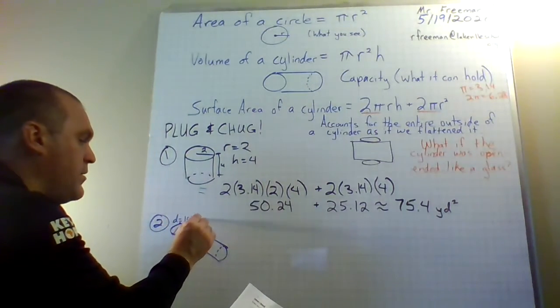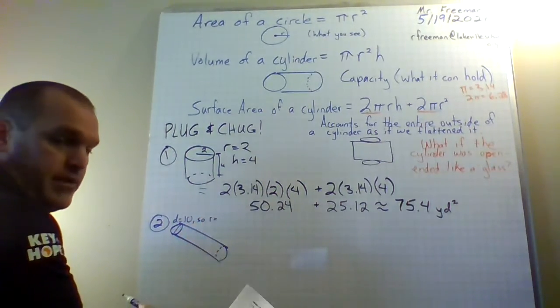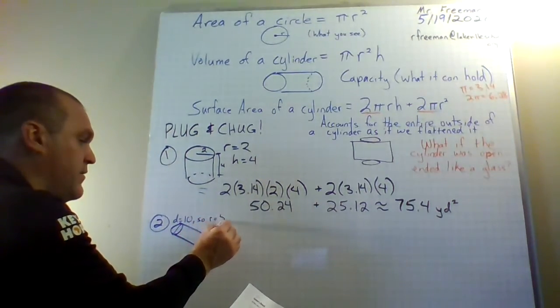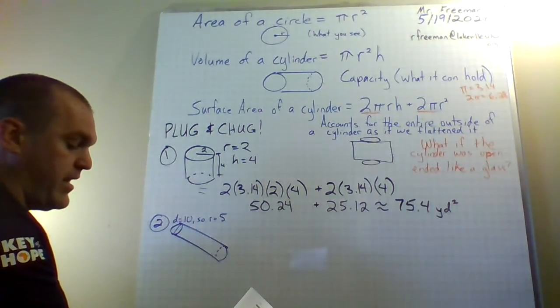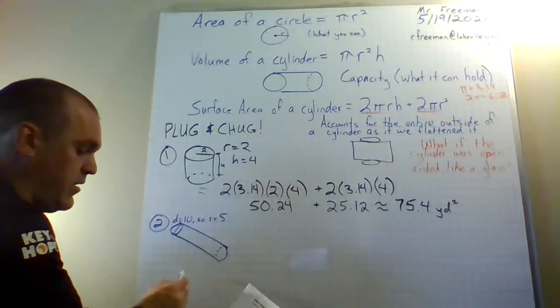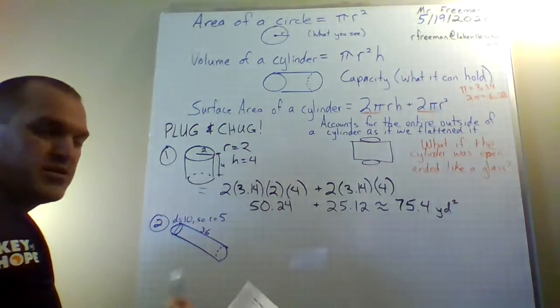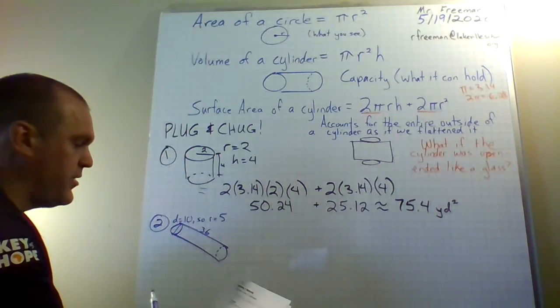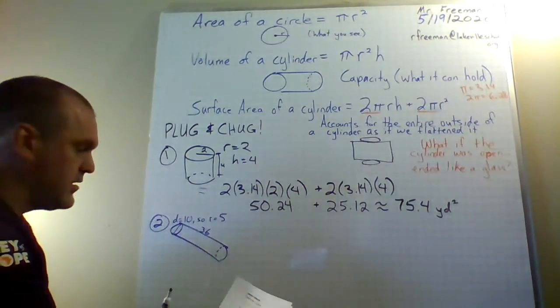What we want, if the diameter is 10, the radius must be what? 5, because radius is half of the diameter. So this radius is only 5. They do tell us that the height is 36. Notice height and length are pretty interchangeable. If you see a length of a cylinder or a height, they're the same thing basically.